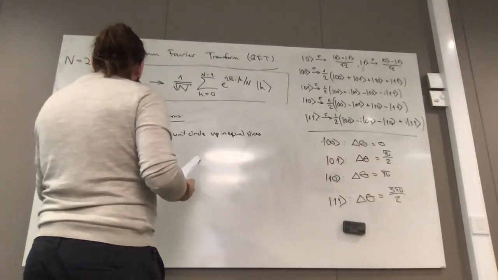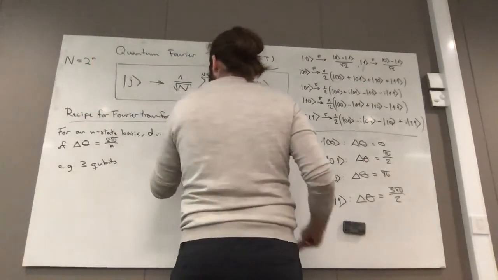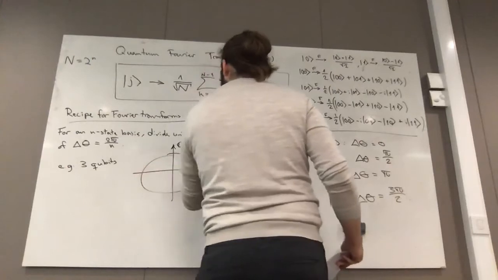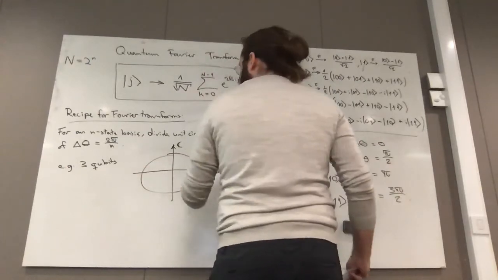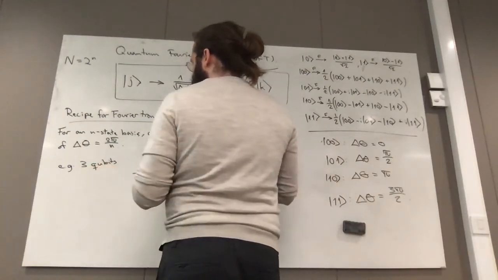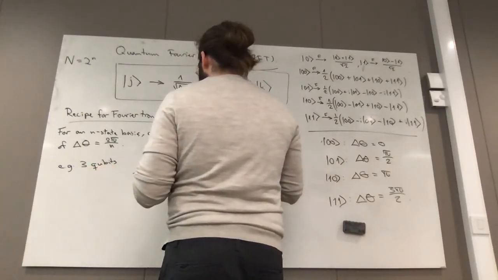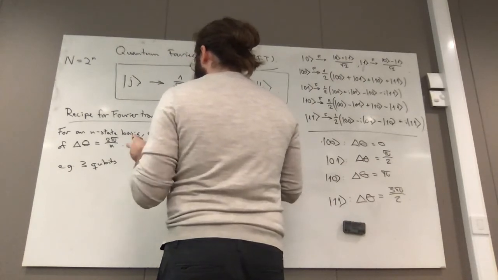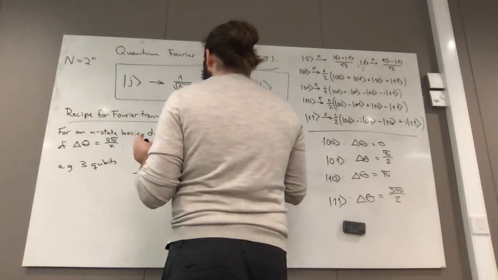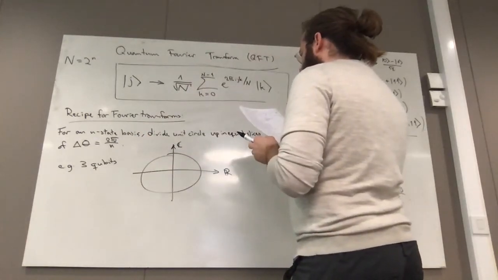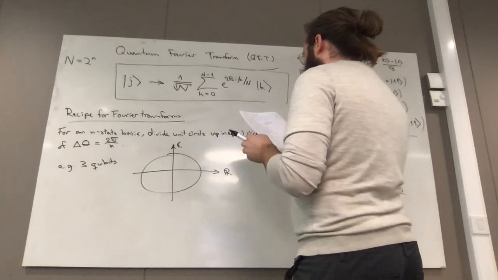So for a 3-qubit state, you would get a picture like this, where you... 2 pi over n. No, that does not make sense. Let me think.